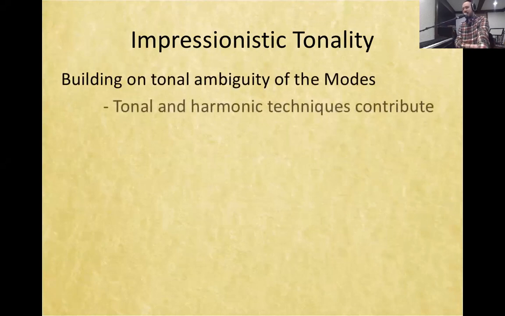The thing that really stands out from the modes that made them such an awesome building block for Impressionism is their tonal ambiguity. We've seen that while some of them are a little brighter than major, some of them are darker than minor, they're not as locked in.